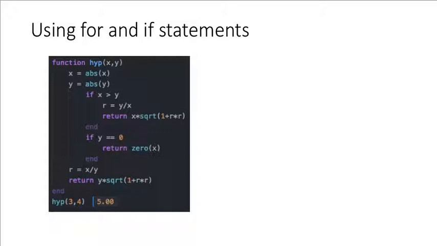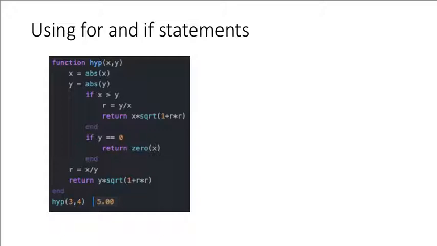If it's not met, it goes to the next if statement, and if that's not met, it goes to the last one and returns y times the square root of 1 plus r times r. If none of those are met, then it will return an error. But here I've covered all the bases, so the function will work. As you see there, I've plugged in 3 for x, 4 for y, and got 5. So this indeed does work.